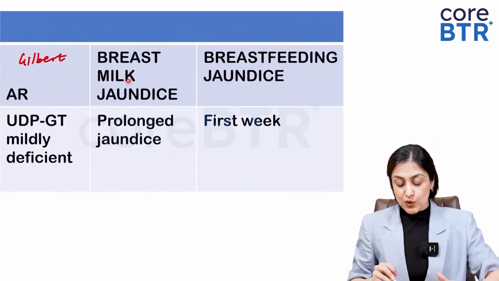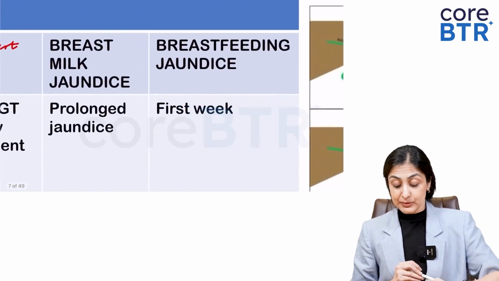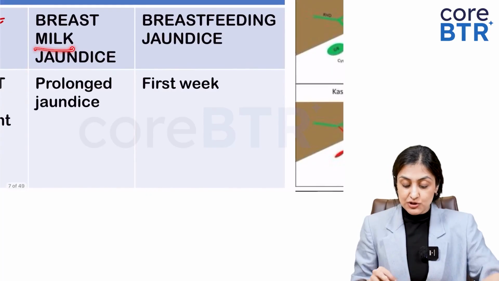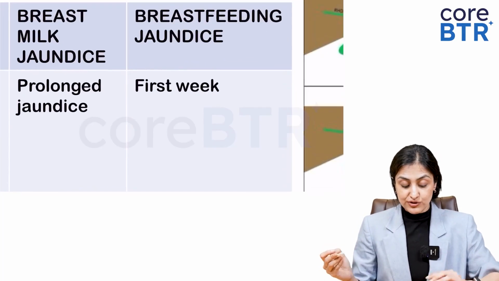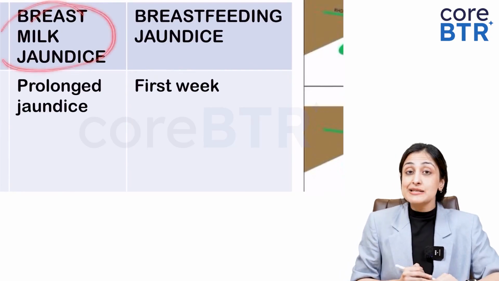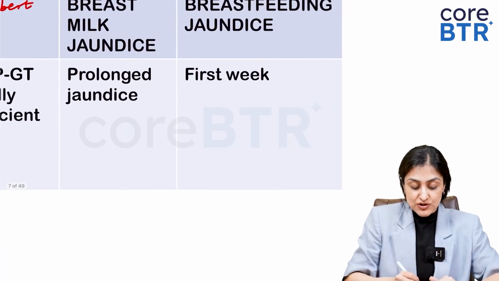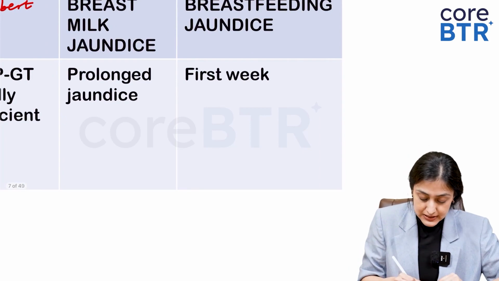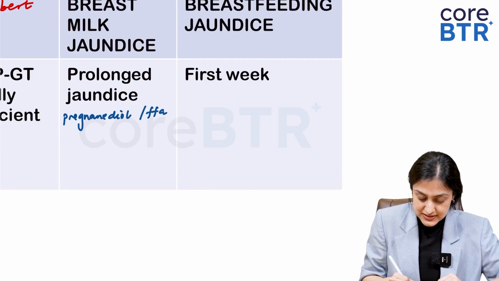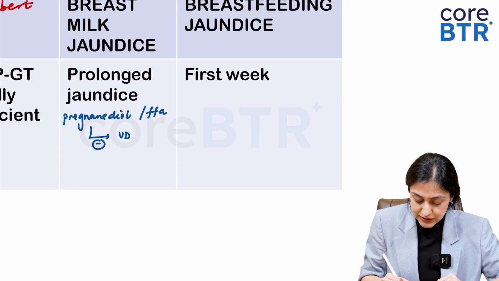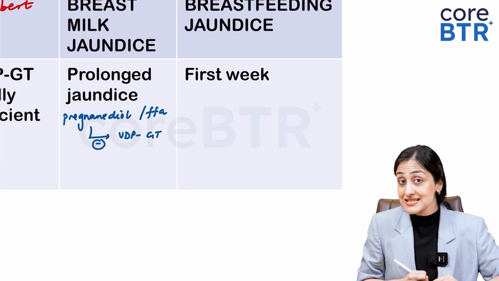Then we go to two causes of unconjugated hyperbilirubinemia, which is breast milk jaundice and breastfeeding jaundice. Super important. You get one question from this. So first of all, breast milk jaundice. As the name suggests, this is because of the milk. Breast milk is said to have certain substances like pregnanediol or free fatty acids which inhibit the same UDP glucuronyl transferase enzyme.